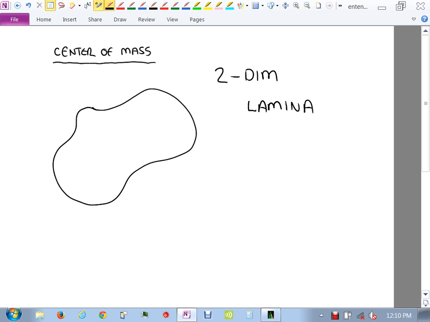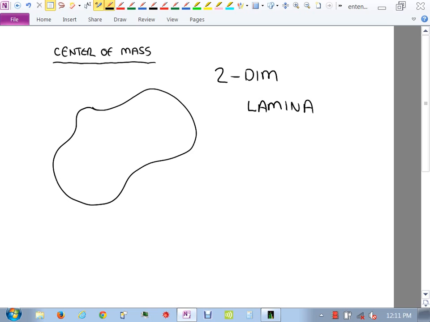So if I were to take this and try and balance it, obviously up here, that's not the center of mass, right? There is some point, and only one point, that would be the center of mass, where it would balance on that point.